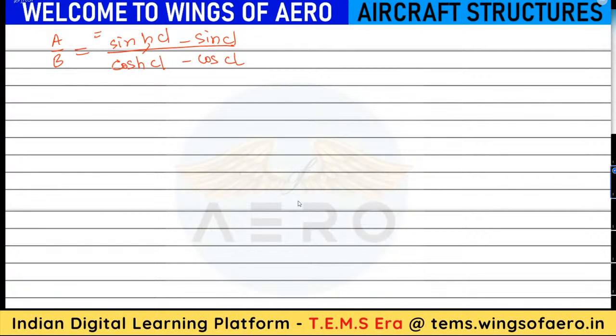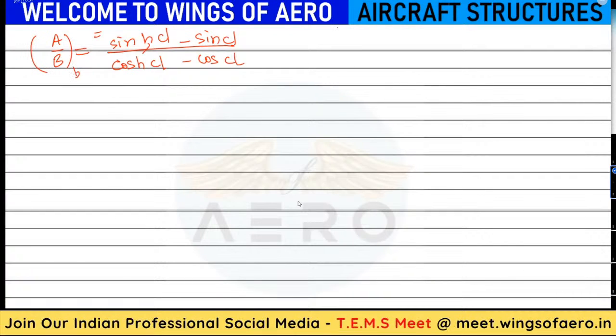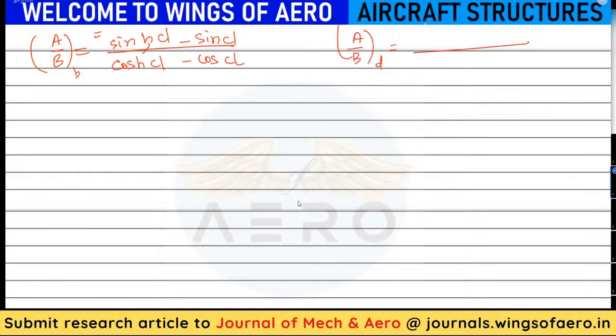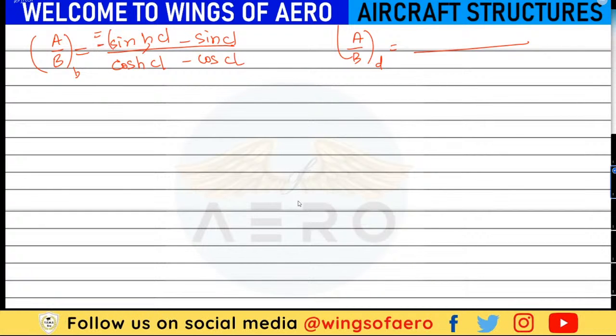Okay, this is for the B condition. For the D condition, A by B, we will get that minus sign will be there.